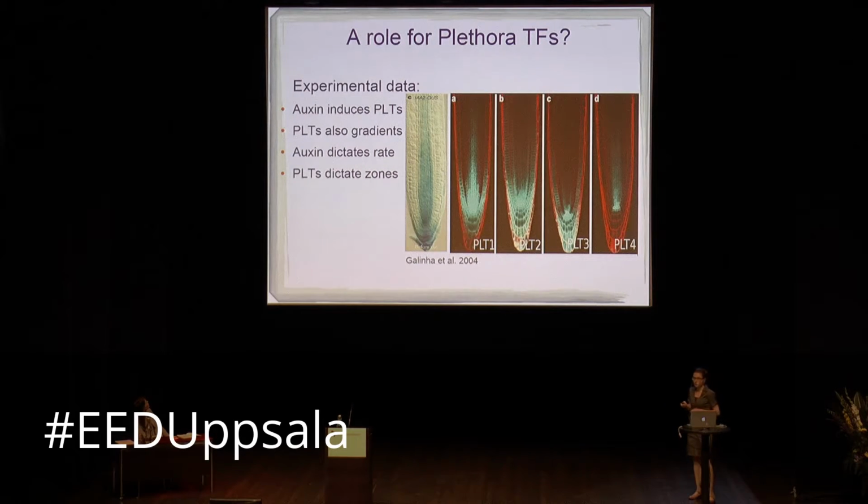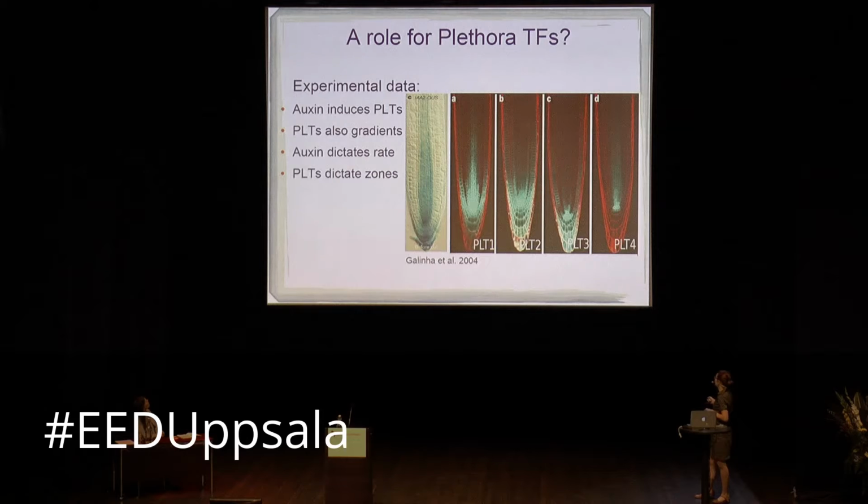So the people from the lab of Ben Scheres, formerly in Utrecht, now in Wageningen, for a long time realized that there is this important family of transcription factors called plethora that seem to be induced by auxin, but it's not exactly clear how.